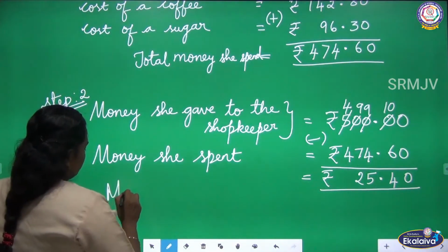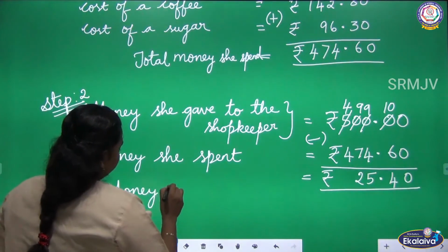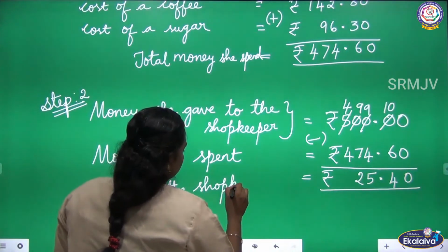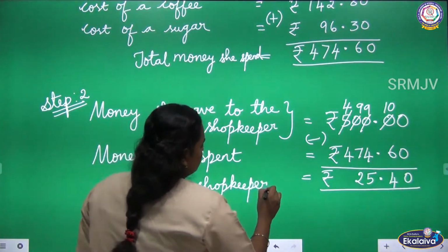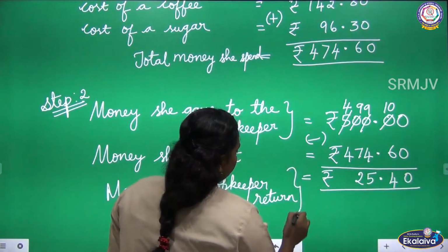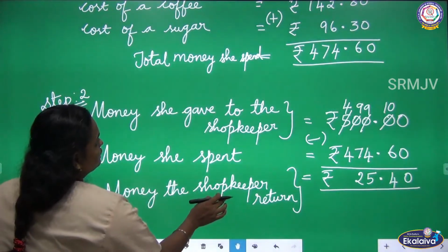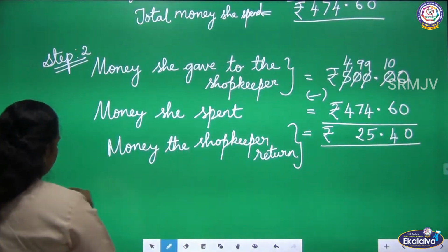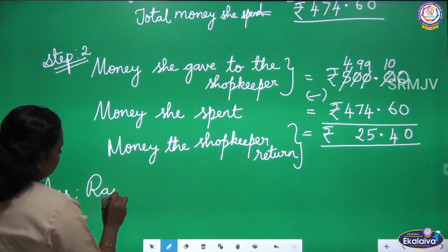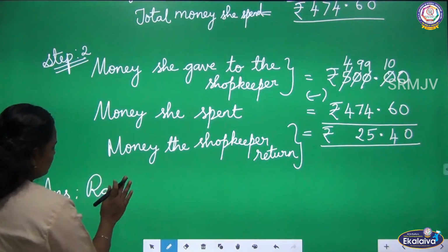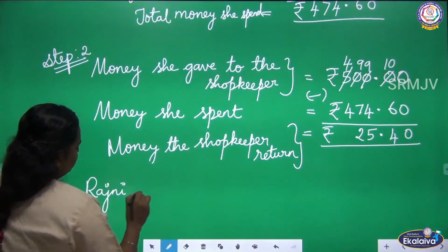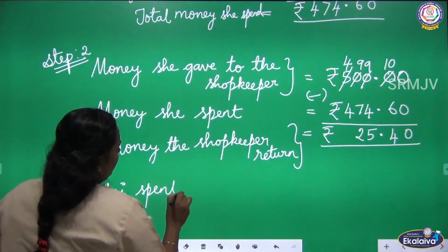So money the shopkeeper returns equal to, so how much will the shopkeeper return, children? 25 rupees 40 paise. So you can write the answer. Rajni spent, so Rajni spent, how much did she spend?